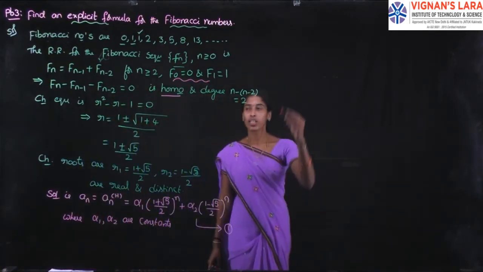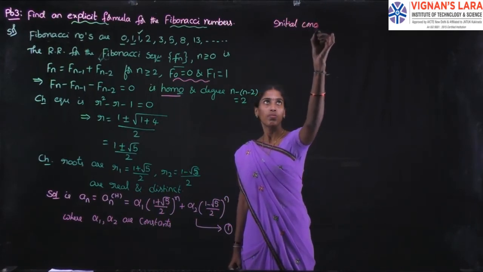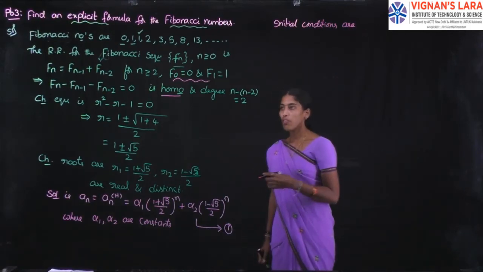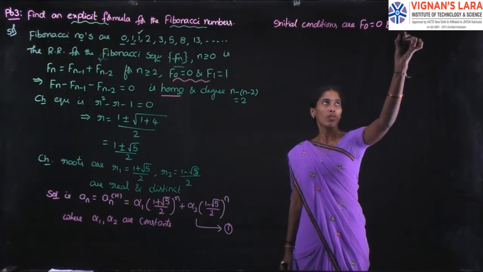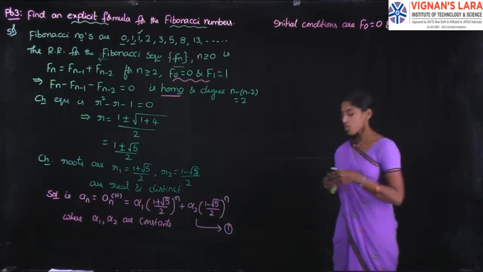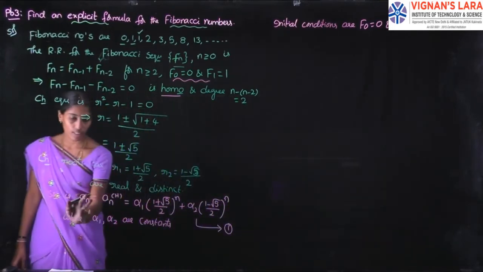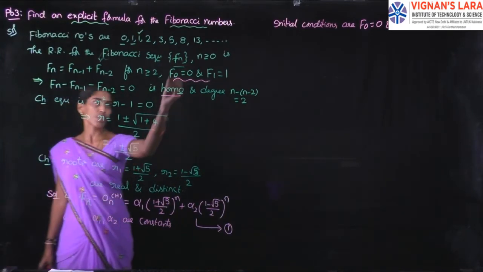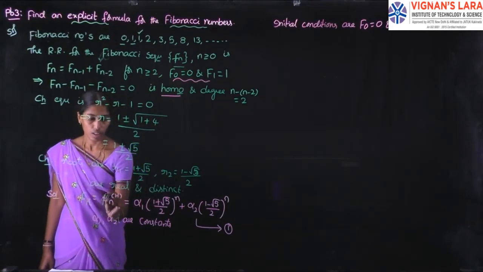So the initial conditions are F0 is equal to 0 and F1 is equal to 1. To use these two initial conditions, substitute. Here, instead of an, we have to take Fn, because the terms of the sequence are represented by Fn, right?